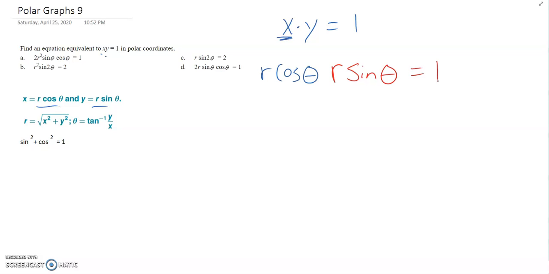And is that an option or no yet? No? Well, I guess we can multiply the r's.